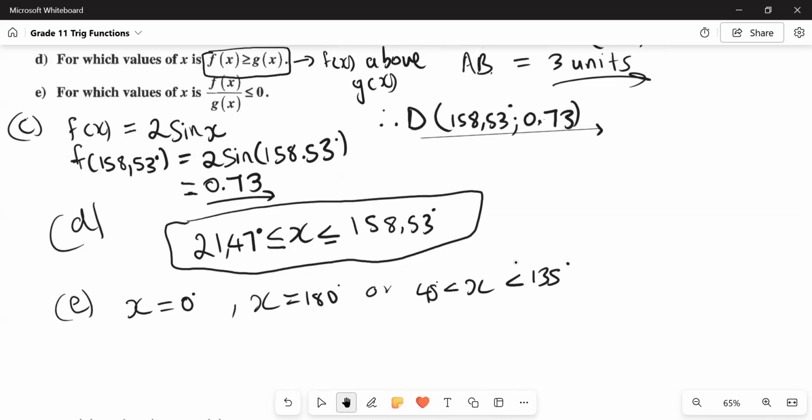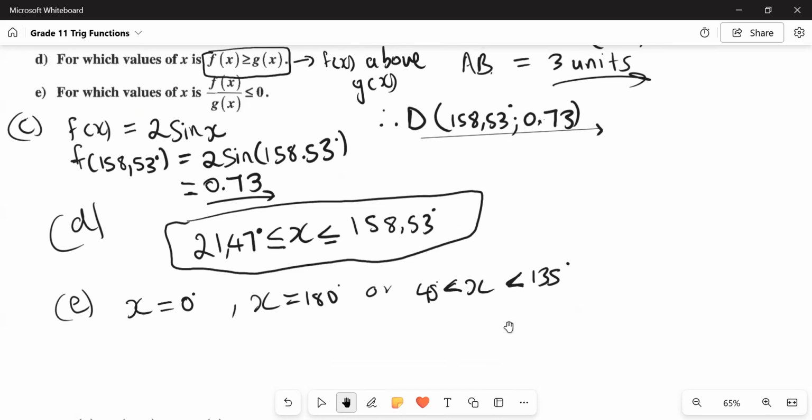But note that x is not equals to 45, nor equals to 135, as g of x is equals to 0 at these points, and you cannot divide by a 0. I believe that you understand that part, right? That's why I did not include here.